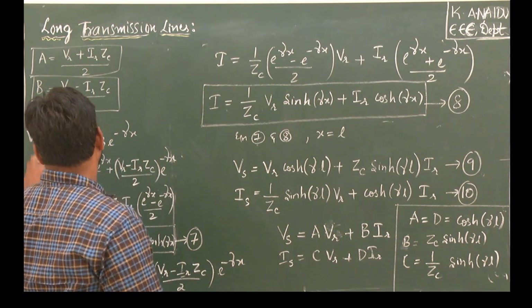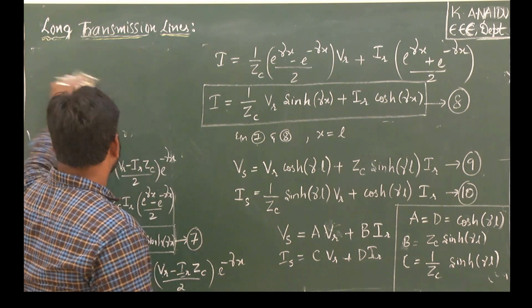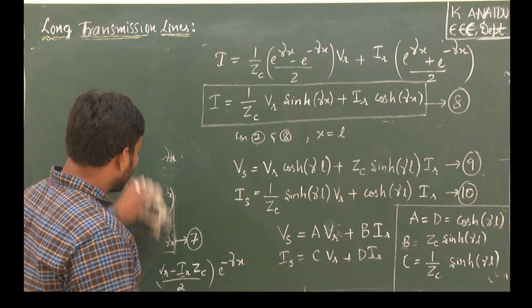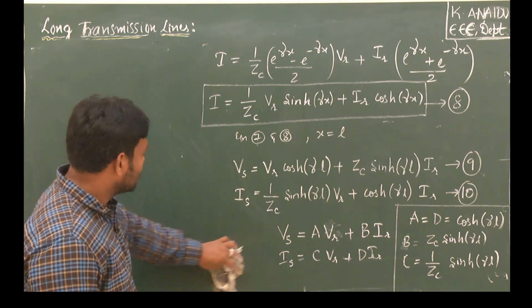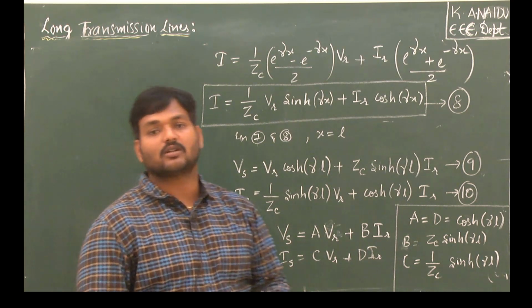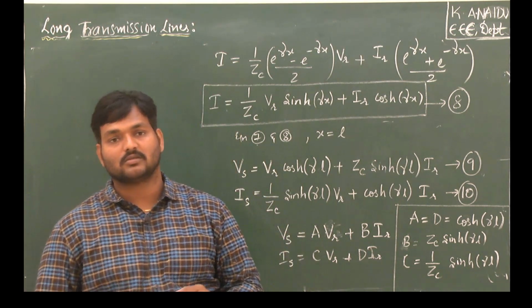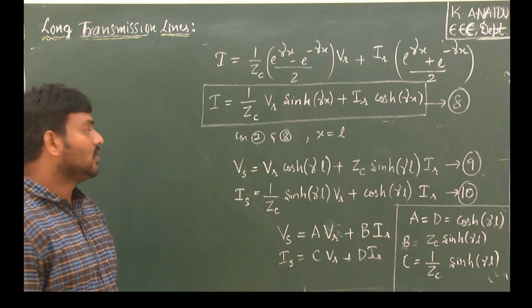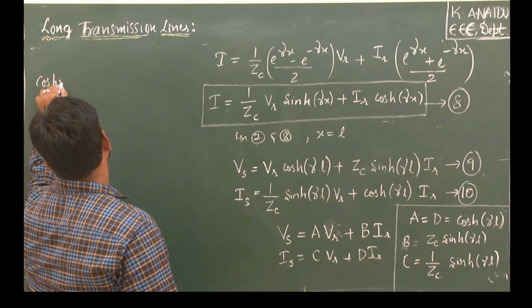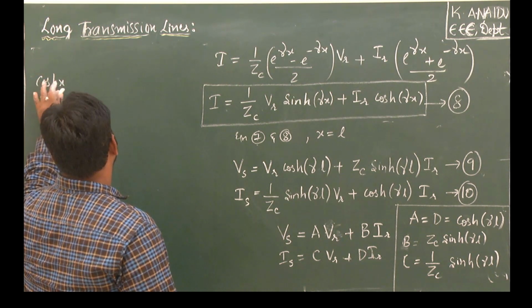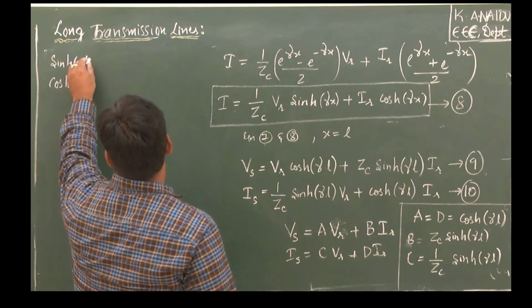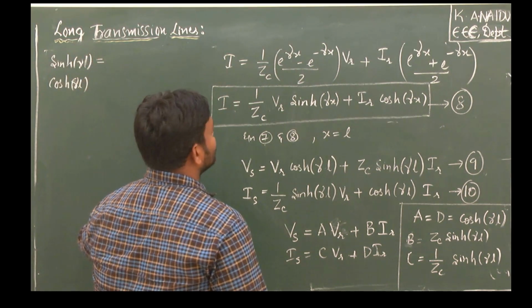There are various methods like real angle method, convergent series method, exponential series method. But however, all these methods are time taking and they will not give the convergent solution quickly. So we will go for one method called the Maclaurin series method. In the Maclaurin series expansion, let us take gamma L. So how do you write sinh of gamma L?